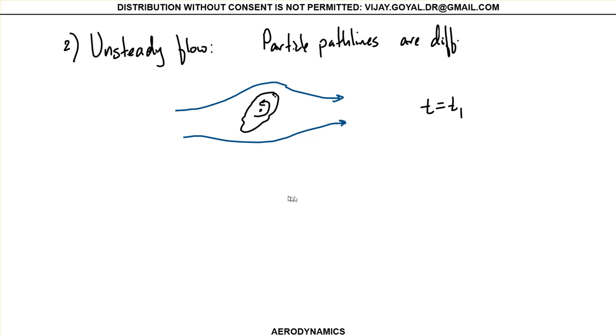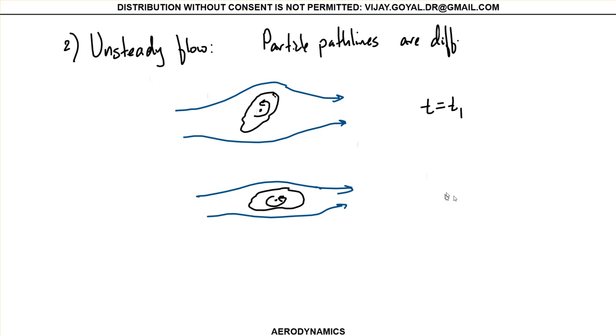But at time 2, since my object is rotating with time, it's identically the same object, but it's rotating, right? After another rotation, my flow is going to look like this. So you can see that my path lines are completely different at time 1 and time 2.